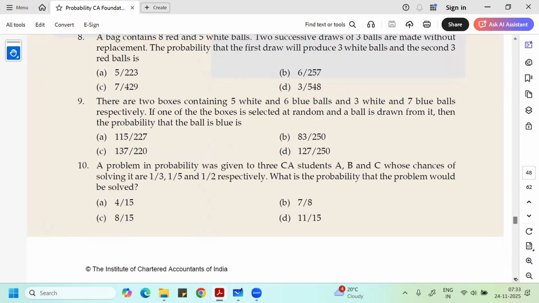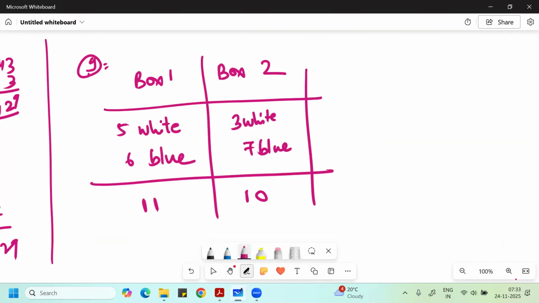One of the boxes is selected at random. So whichever box you select, the probability would be 1 by 2. What is the probability that the ball is blue in color?